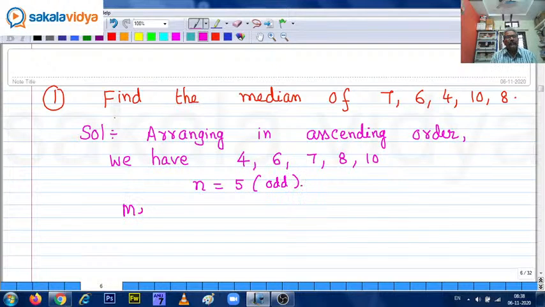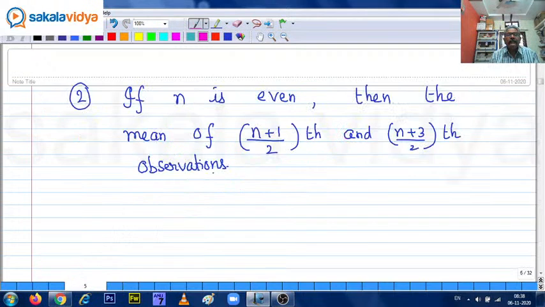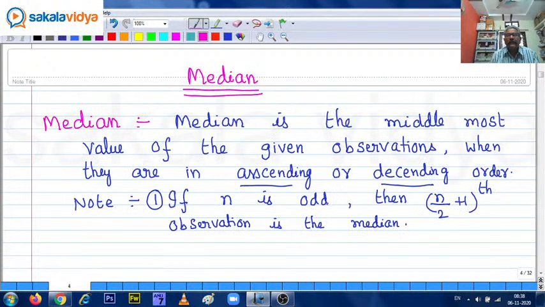Now the median is equal to n by 2, sorry, I made a mistake here. One minute.